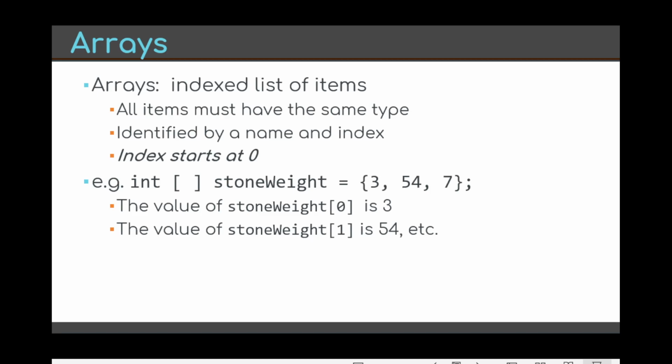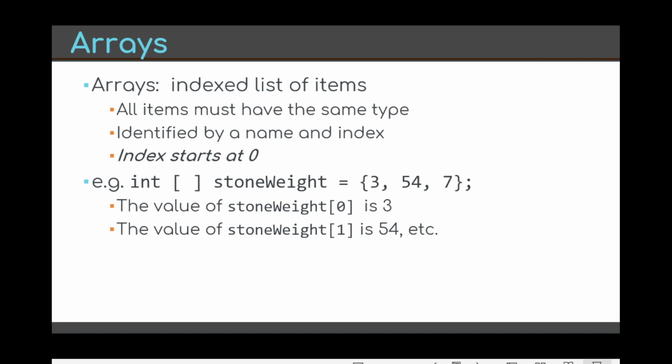This is how you define a simple array of stone weights. Int, and then some square brackets with nothing in between them. Now that tells Java that stone weight isn't a single stone weight. It's actually an array. It actually holds many values, many integers. An array of integers, all laid out.